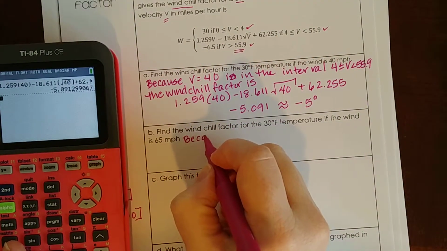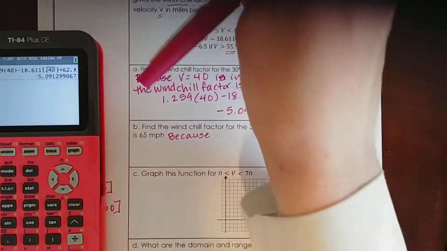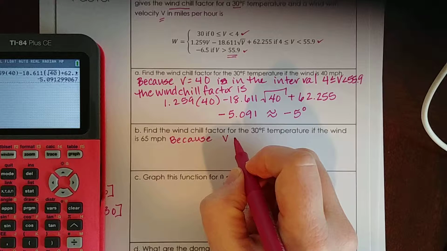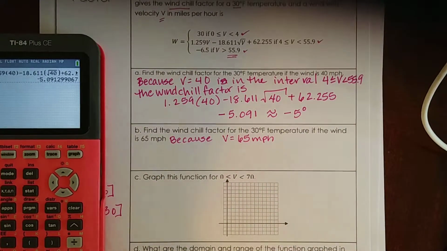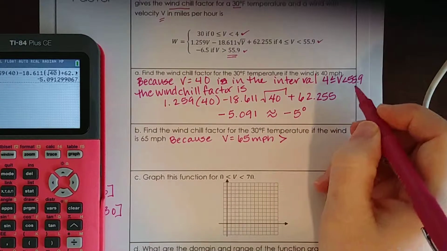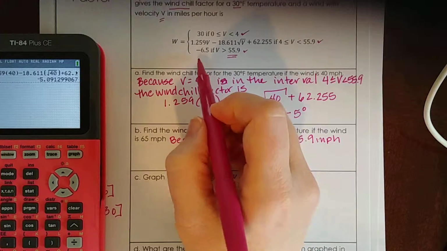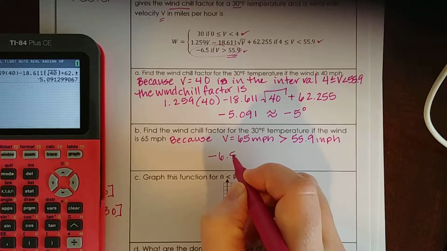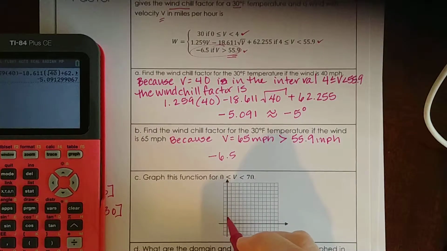So because the wind speed v is 65 miles per hour, and that is greater than 55.9 miles per hour, then we can simply say that we're going to use this last piece, namely that the wind chill factor is negative 6.5. So it doesn't go beyond that.